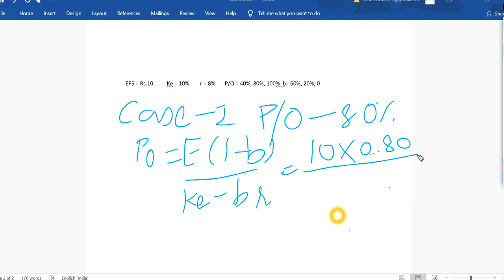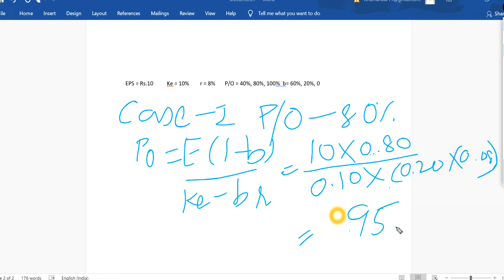KE here is 0.10 minus retention: if payout is 80%, retention is 20%, 0.20, into the internal rate of return 0.08. Then the price of the share here is 95.74. So this is case 2 where the payout ratio is 80%.